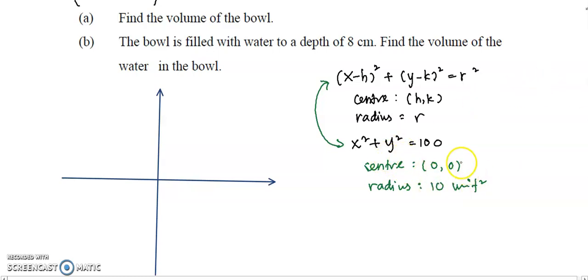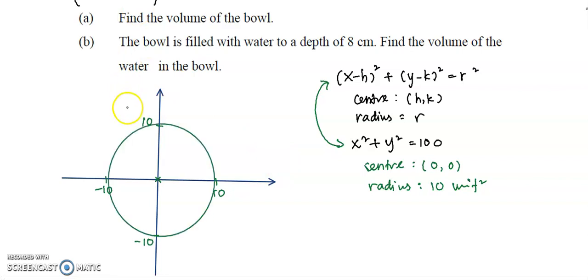So with this information, I think we can sketch the circle easily, where the center is at the origin and the radius is 10 units. So I just mark roughly 10 units on these four sides, and these four sides have the same length. Then we sketch a circle which passes through these 4 points.